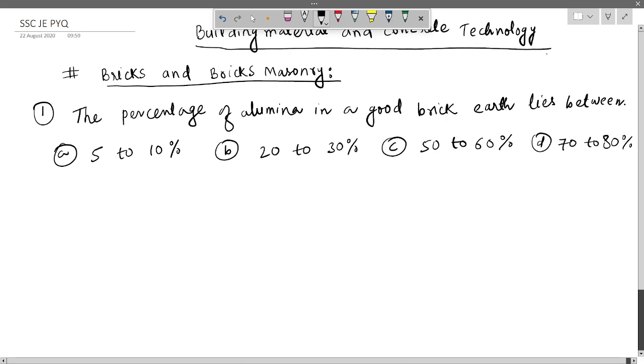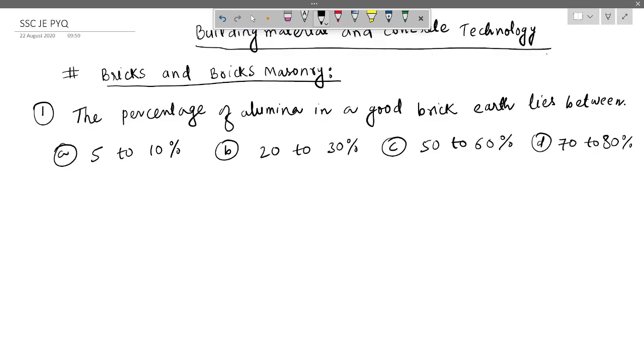So which option will be correct, A, B, C or D? The answer will be B. The alumina percentage in a good brick will be 20 to 30%.